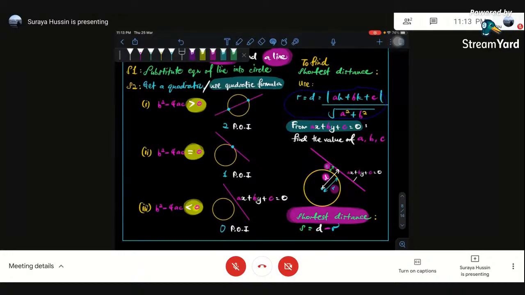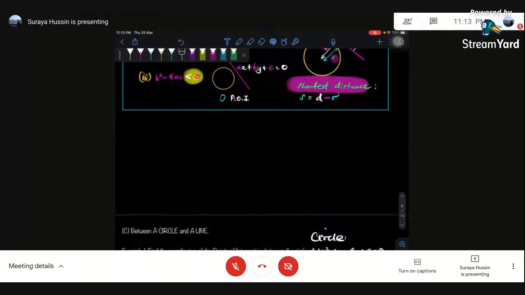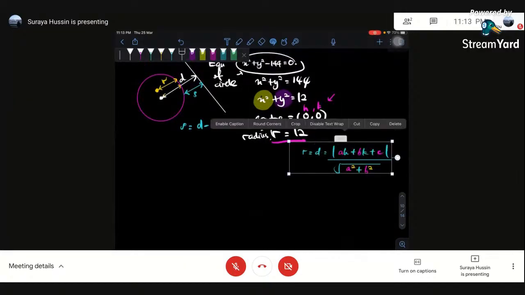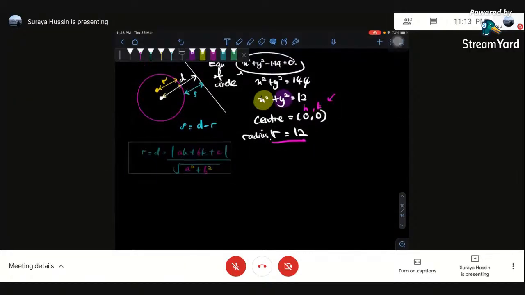This particular yang saya tengah highlightkan ni, untuk cari D. Jadi saya perlu ada A, B dan C warna pink tu. Dari mana datang A, B dan C tu? Copy. Okay, don't be afraid. This is the formula of the shortest distance.